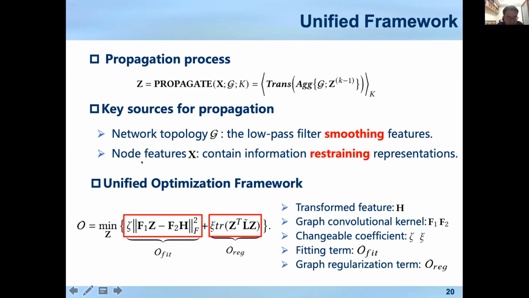This propagation can be unified in this framework. It includes two parts: the fitting term to restrain the representation with the node features, and the graph regularization term to smooth the features with the network topology.